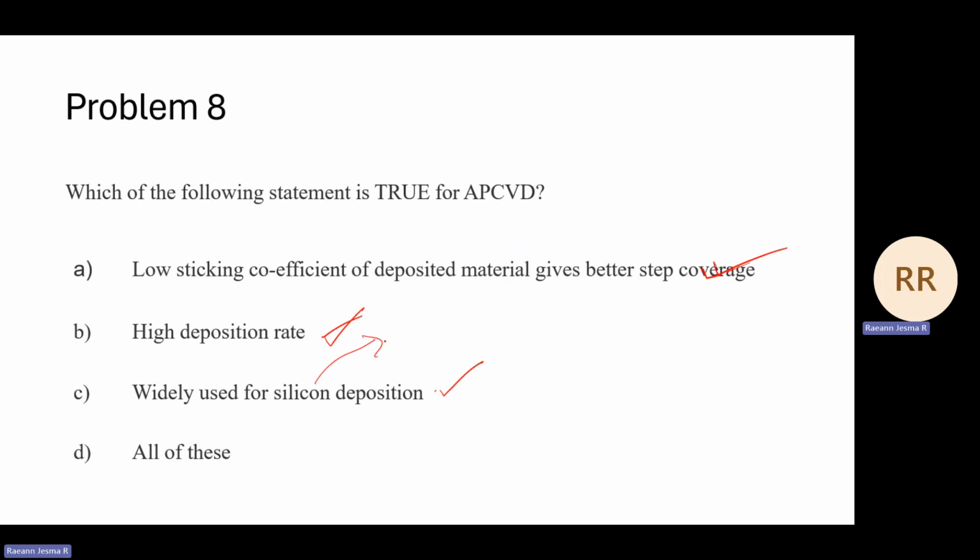But one thing is, this silicon will be polysilicon, since there is not enough energy, not enough temperature given on the substrate for the deposited silicon to be oriented in a proper manner. So the orientation or the reorganization of the crystal will not happen. However, we can use it to deposit polysilicon. So the answer is option D, all of these. Is this clear?